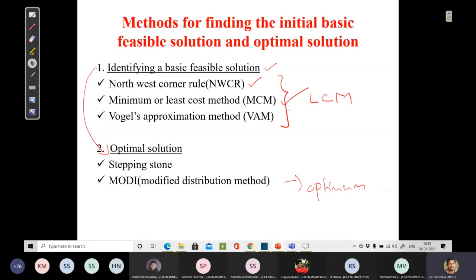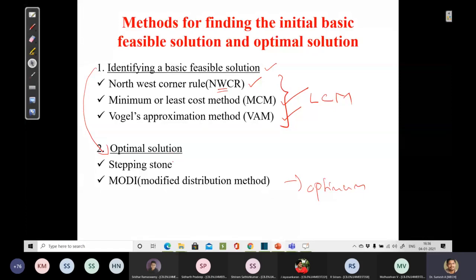If we choose the first one, you can get a solution easily, but it will never be near to your optimum. If you are going for the first method, you have to try many iterations in the second part for getting a solution. If you are going for the last one, you will get a better or best initial feasible solution, so that in the optimum solution you don't need to work very hard.